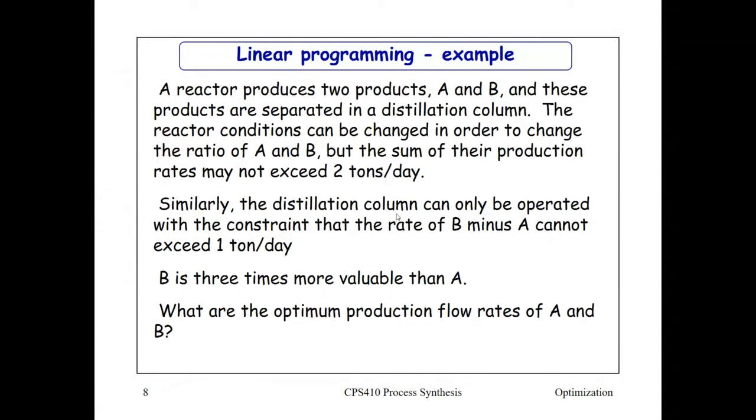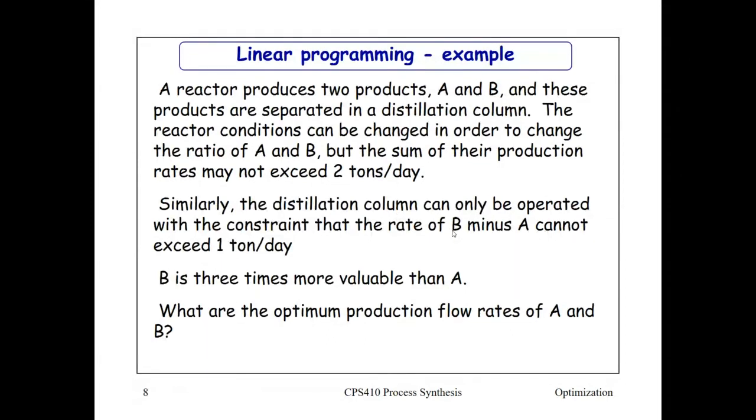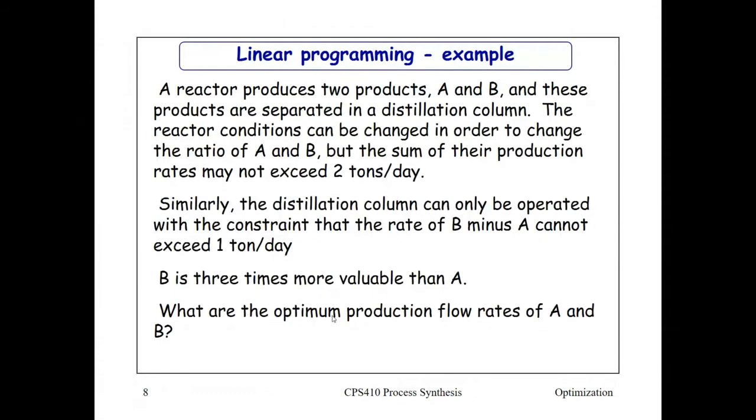Similarly, the distillation column can only be operated with a constraint that the rate of B minus A cannot exceed 1 ton per day. B is 3 times more valuable than A, and the optimization problem is what's the optimum production flow rates of A and B.